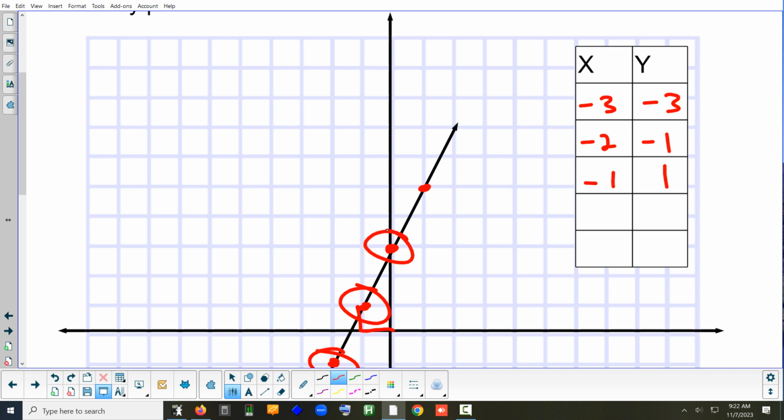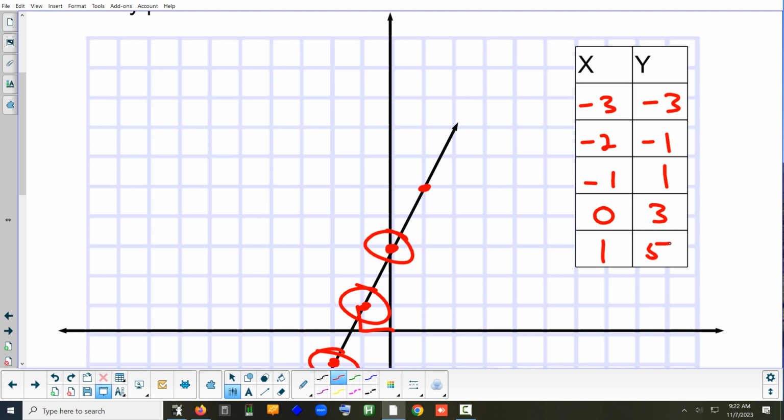What's the coordinate of that one? 0, 3. And Lily, what about the last one? That one would be 1, comma 5. Yeah, 1, comma 5.